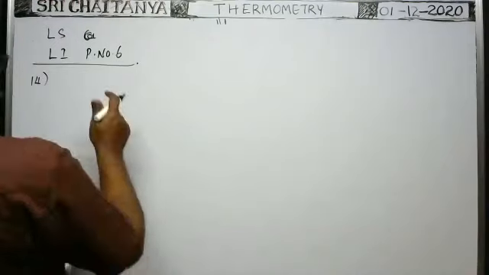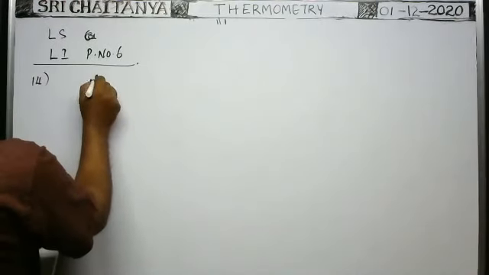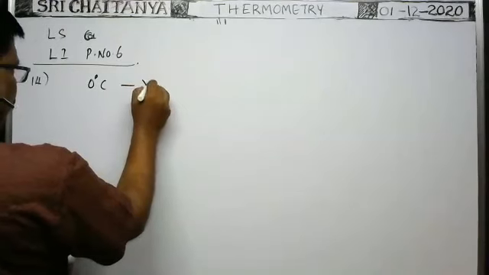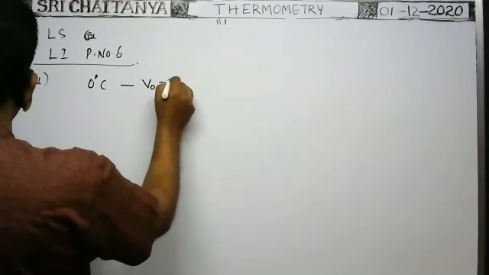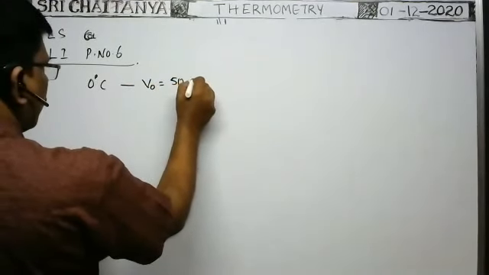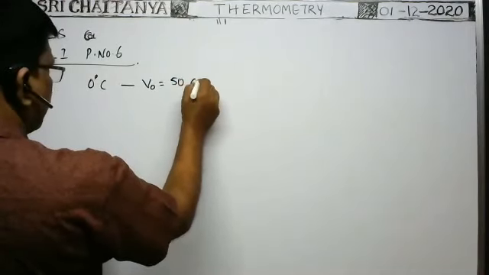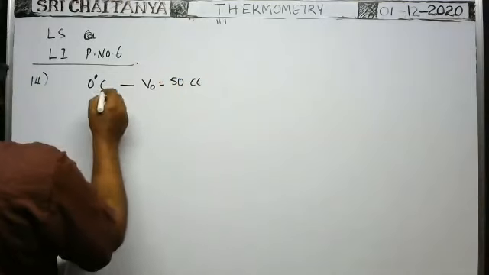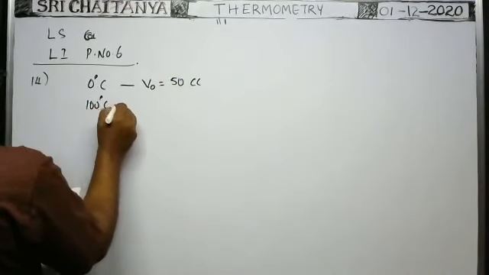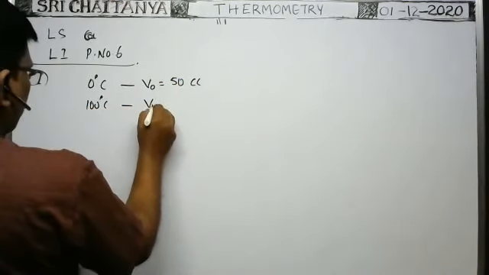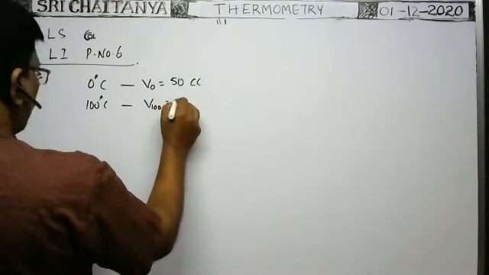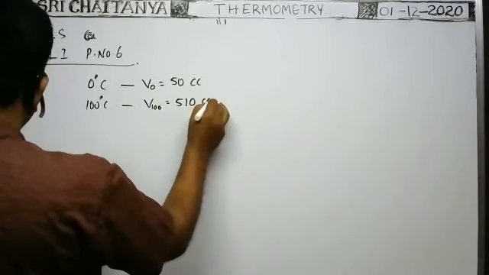Ice point means the melting point of ice, 0 degrees centigrade. At 0 degrees centigrade, the volume of the gas is 50 cc. At the steam point, 100 degrees centigrade, the volume of the gas at constant pressure is 510 cc.